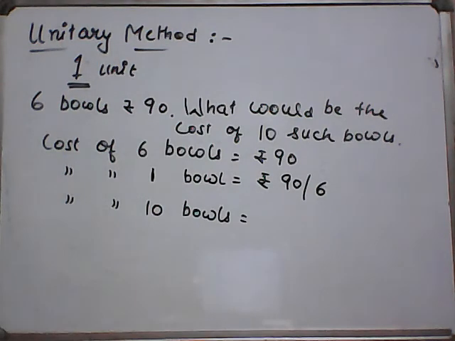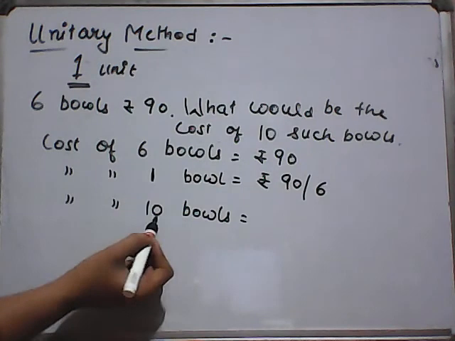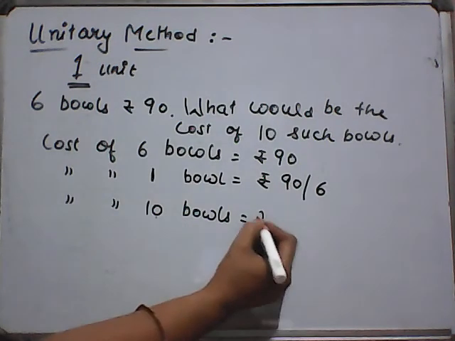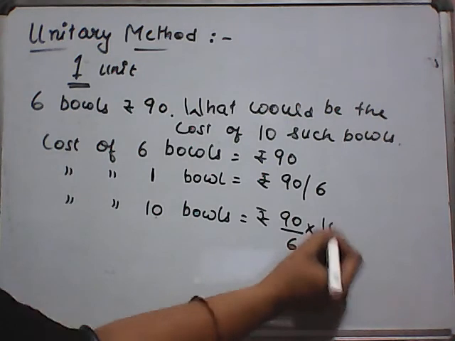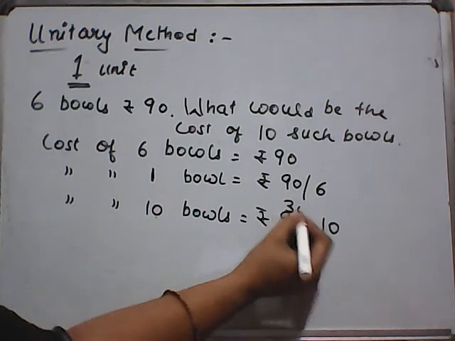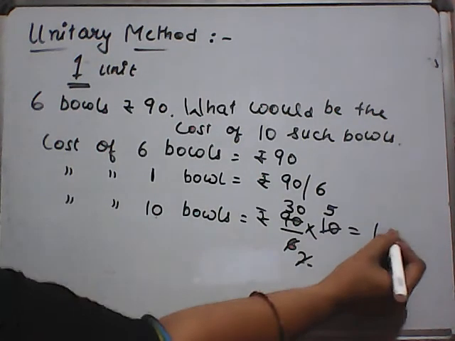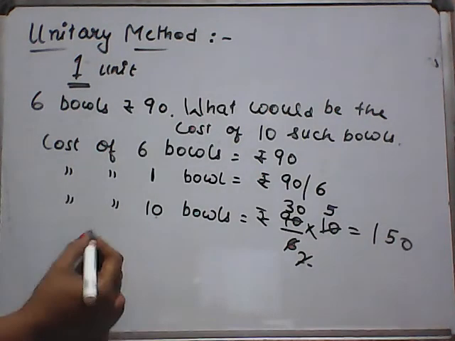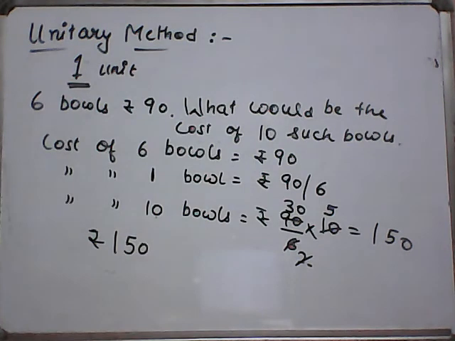When we have to find more units, then we have to multiply. 90 divided by 6 multiplied by 10. 3 2s are 6, 3 3s are 9, 2 5s are 10, here 150. So, the cost of 10 bowls is rupees 150. In this way, we can compare quantities by using the unitary method.